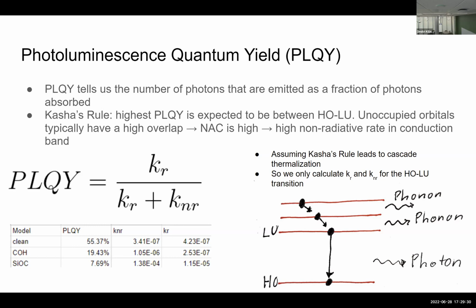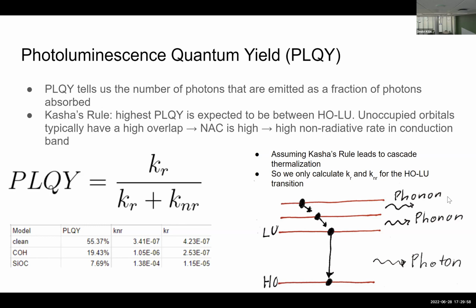Then the only transition that will release a photon is between the LUMO and the HOMO. This doesn't happen all the time, which I'll talk about in a second, but it greatly simplifies this equation. If you are concerned about photon emission from higher excited states, this equation becomes much more complex.